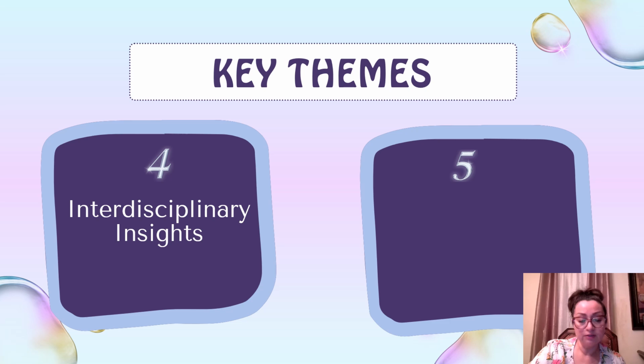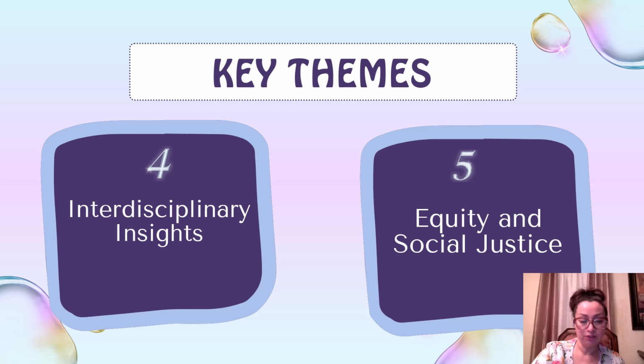The article integrates research from cognitive psychology, education, and linguistics to inform practices. Another key topic in this article was equity and social justice. The article highlights systemic gaps and structural barriers in addressing reading disabilities, linking the issue to broader educational inequities.